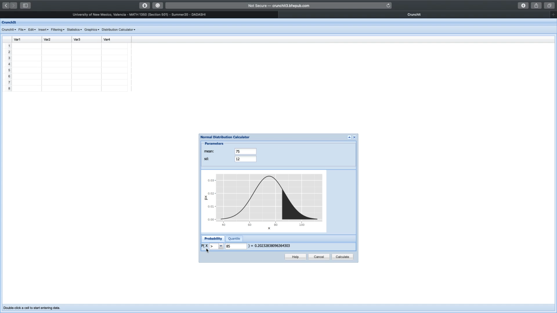And then after that, we say we can calculate the probability of z greater than or z less than or equal to a specific z or standardized value of x. So be careful when you are going to use this, you should enter x here and not the z value.